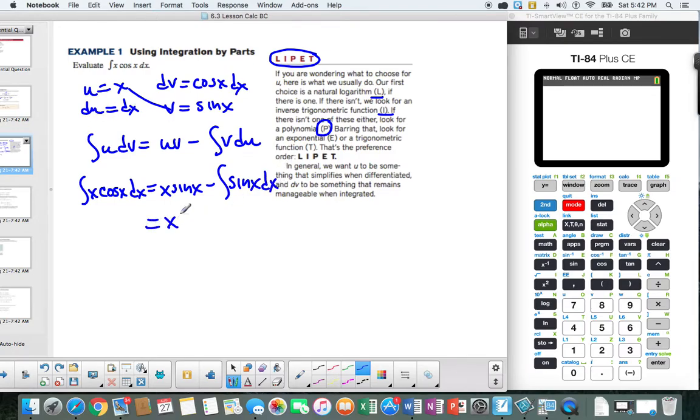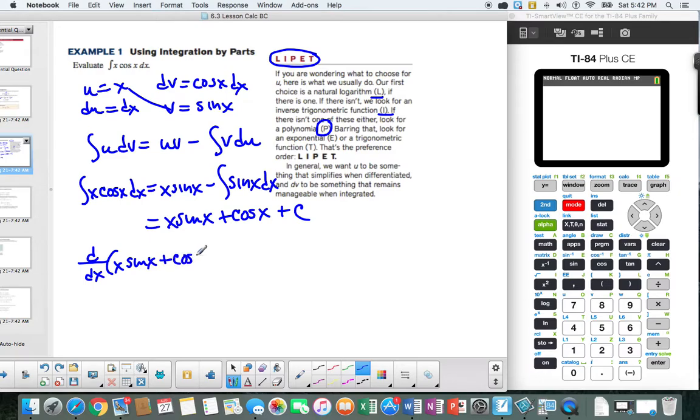And this is going to be x sine of x, and then this is going to be minus or plus cosine x plus c.